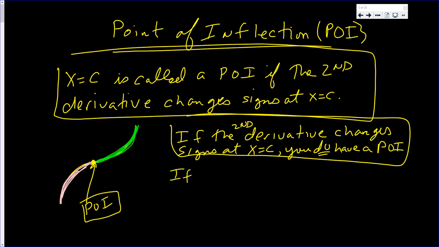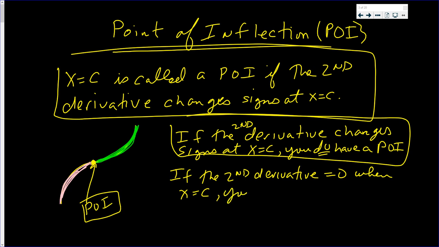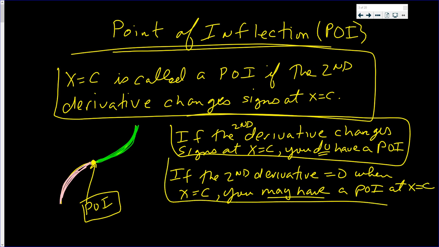On the other hand, if the second derivative equals 0 when X equals C, you may have a point of inflection at X equals C. You may have one.